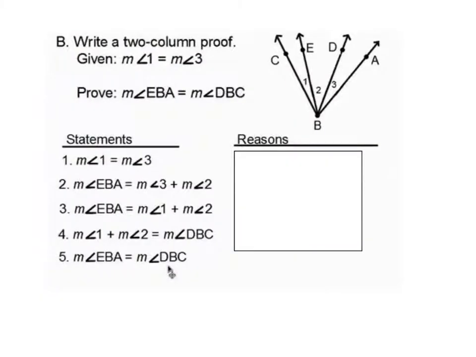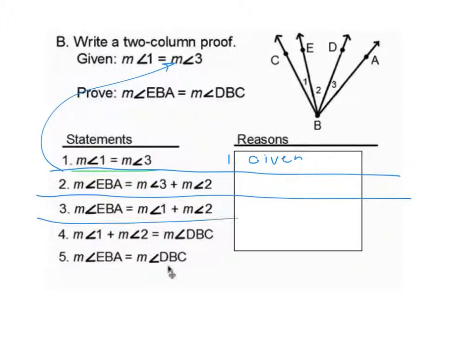Okay, let's practice another one of these. So the first line, why is the measure of angle 1 equal to the measure of angle 3? Well, that's given, so we can write given. That's 1. That corresponds with this line. I'll draw these lines in so it'll be easier to see.